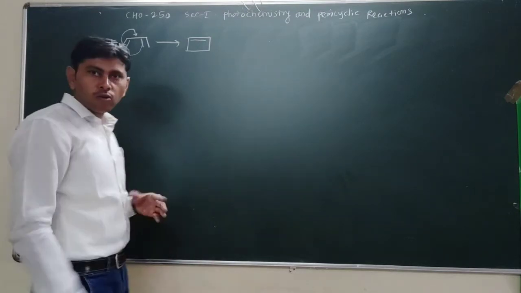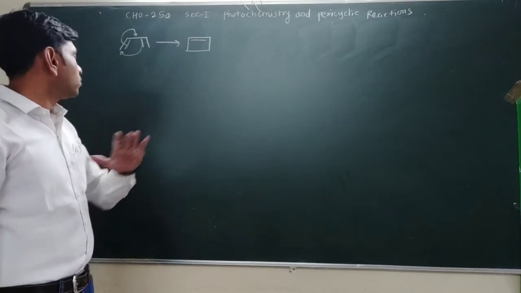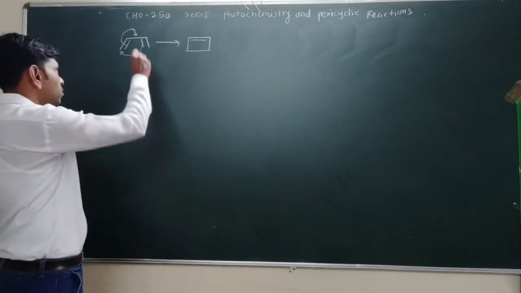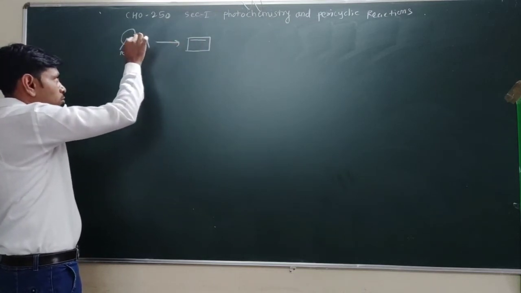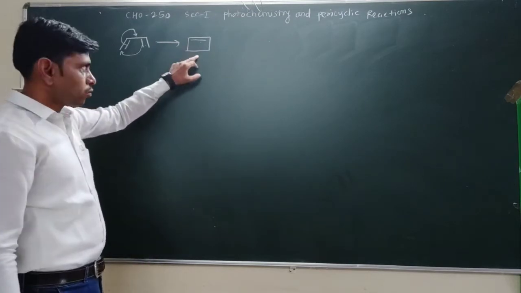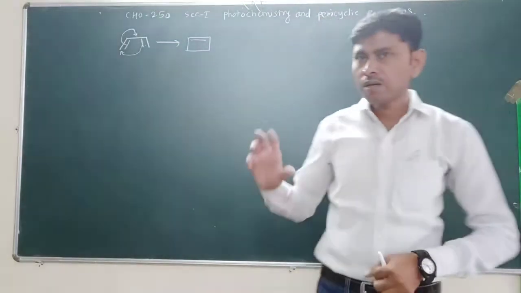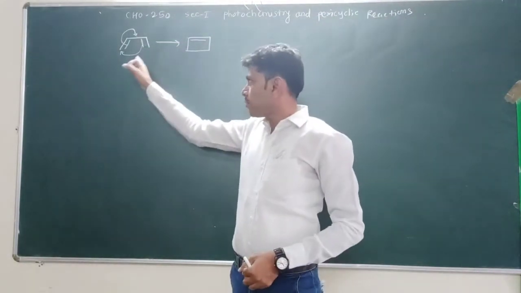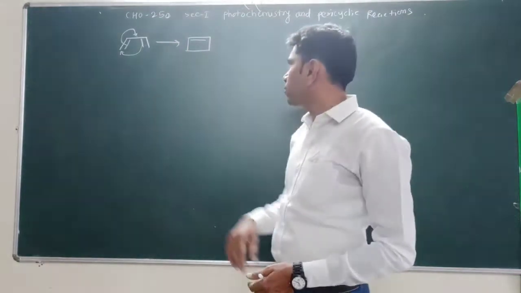While closing and opening, some bonds are formed and some bonds are broken. Pi bonds are removed here, 2 pi bonds are there, only 1 pi bond is there. Here 1 sigma bond only, here 3 sigma bonds are there. One new sigma bond is formed. So in these cases, a pi bond is broken and a sigma bond is formed.